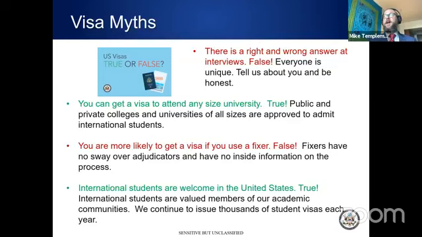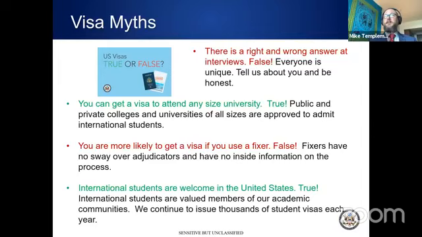They do not have any ability to persuade us or make your application look better so that we would approve it. Again, the most important thing for us as consular officers is that we are getting true information about the applicant. So that's just something to think about.